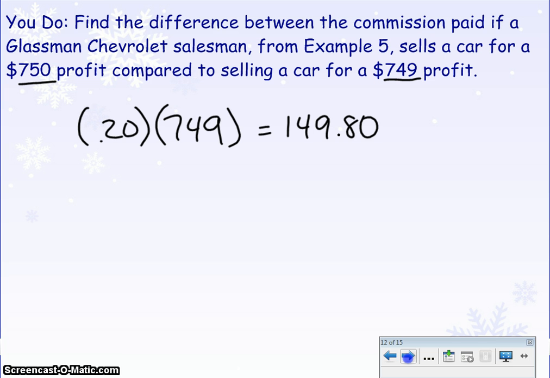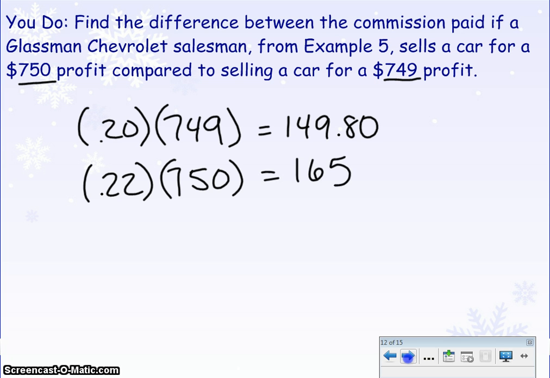If it hit that $750, so just $1 more, so you can see the motivation that these salesmen might have, he's actually going to get 2% more in his commission, which is a total of $165.